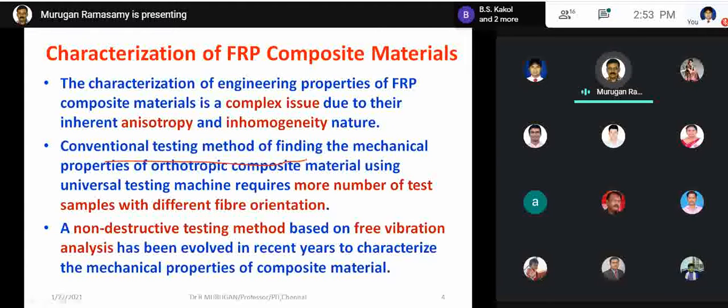That is why this type of non-destructive method is very suitable. We can easily arrive at these elastic constants by this method. In this non-destructive testing method, we are going to combine free vibration analysis, experimental as well as the finite element method.